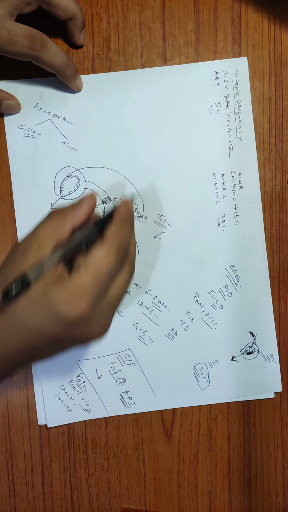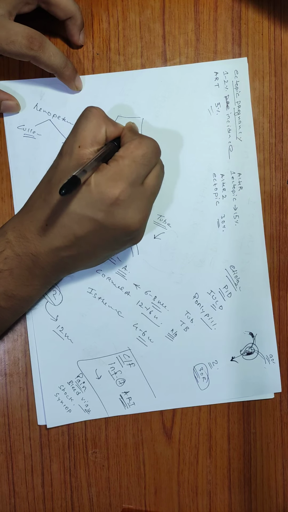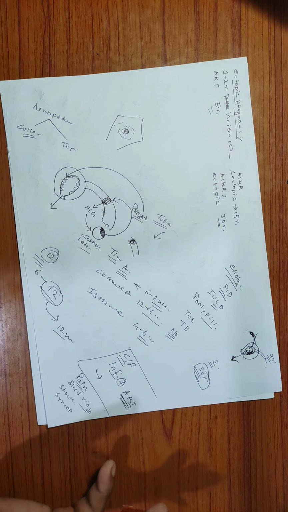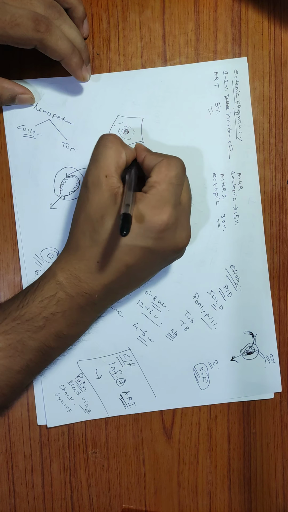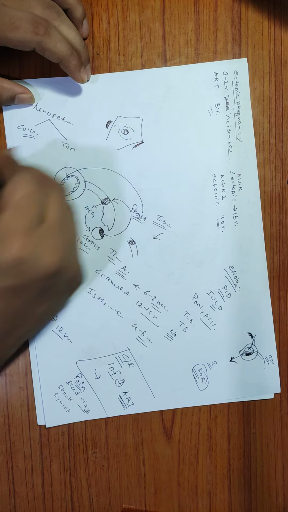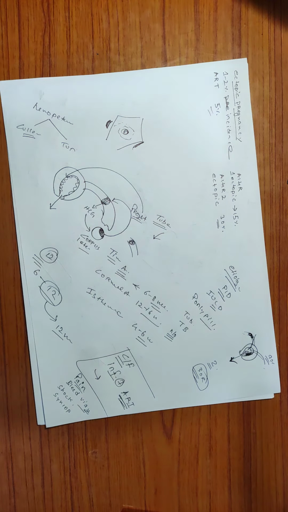Cullen sign is around the umbilical area. Okay, there will be discoloration, there will be bruising. And the Turner sign, on the flank of the patient, you will be having discoloration. Okay, it can also be seen in abdominal trauma, right? You can also sometimes see it in pancreatitis, also very, very important.